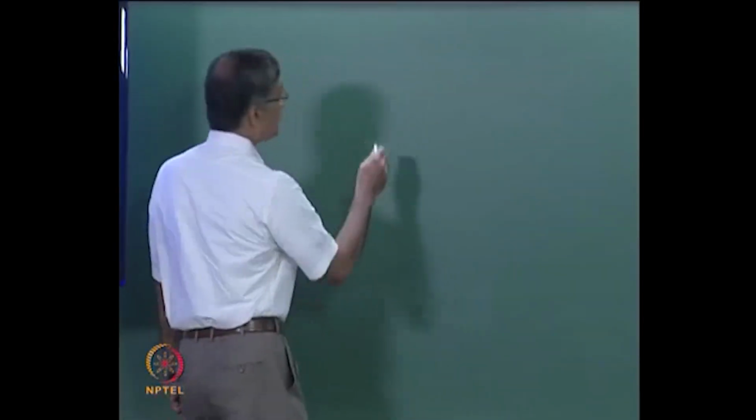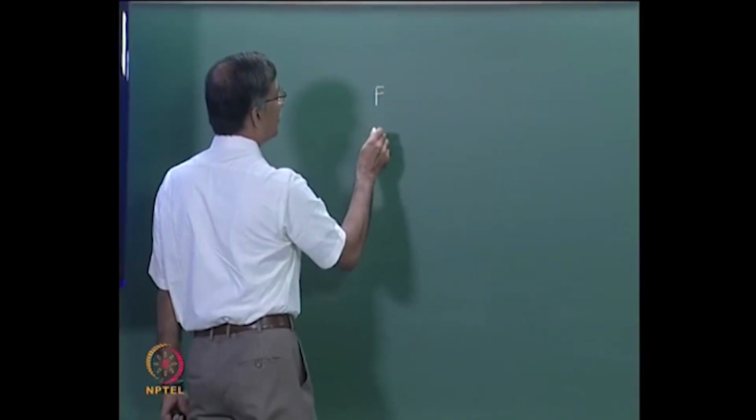Okay, let me give you a simple example. Let us take a truss. Let us say the truss has 4 elements.